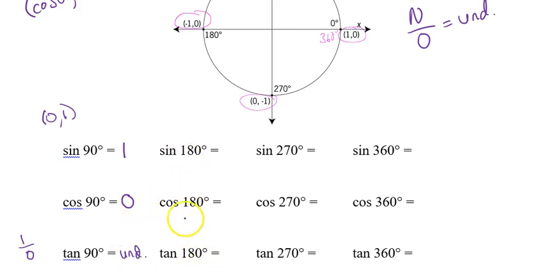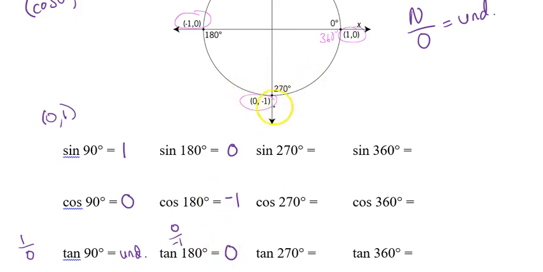Alright, then we'll move to the 180. So 180 right here, the point is -1, 0. So our sine is our y value, cosine is our x value, and then our tangent is y over x. 0 over -1 is 0.